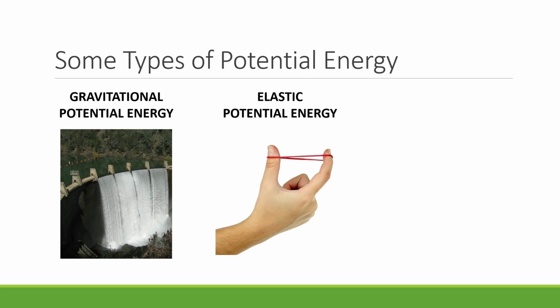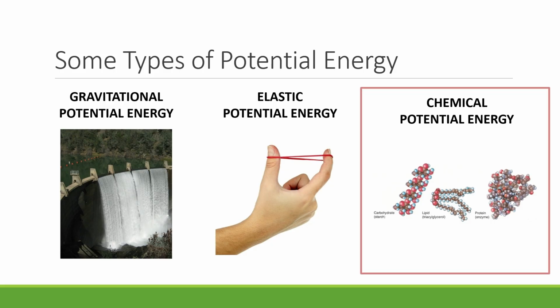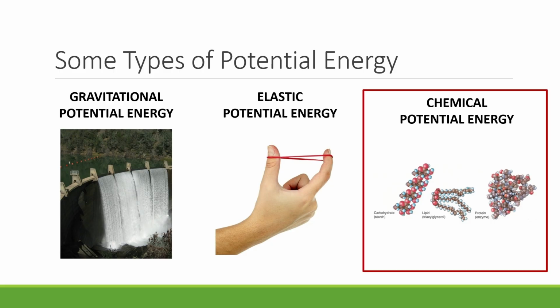But the type of potential energy that we are interested in as biologists is not either of these. It's a different type called chemical potential energy. Chemical potential energy is the energy that is stored in molecules. And unlike gravitational potential energy or elastic potential energy, we can't see chemical potential energy. But we know it's there, right? We know that chemicals contain energy.